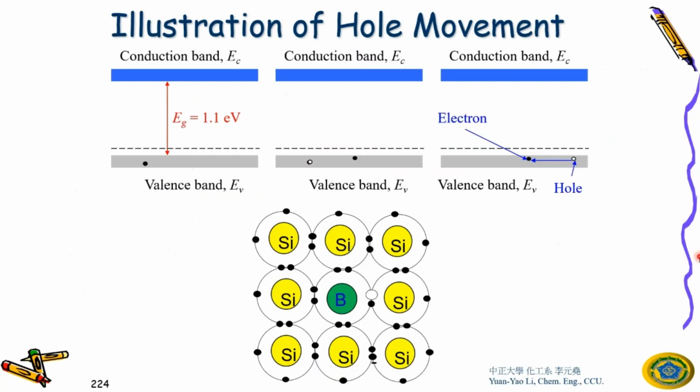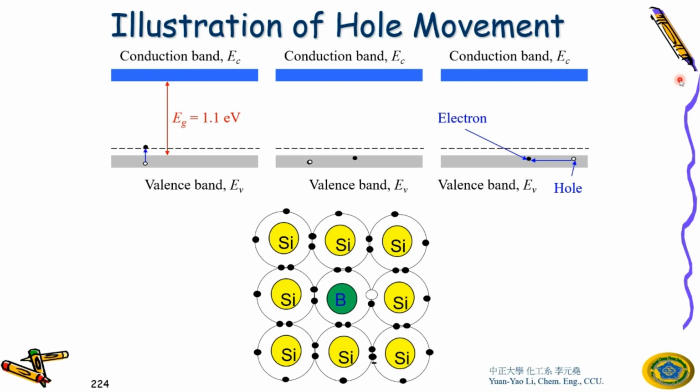Hope you remember. So now let's illustrate how a hole moves. Illustration of the hole movement. For example, if you replace silicon with boron, you have an electron hole here, and this is the valence band, this is the conduction band.